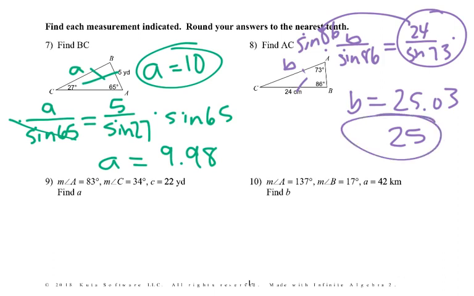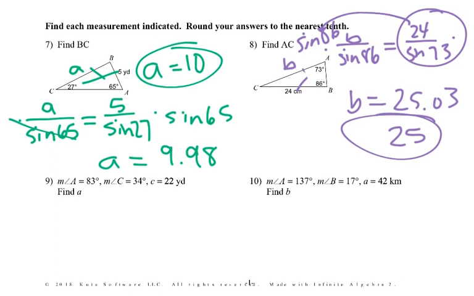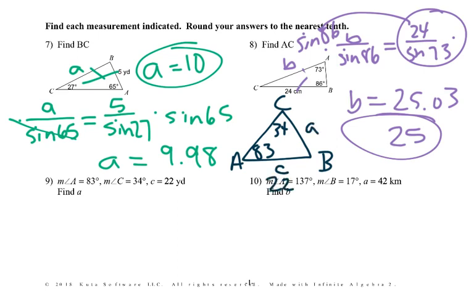Okay, so number 9, now we don't have a picture, but we could very easily just draw a picture, right? A, we call that 83. C, we call that 34. B, this would be little c, which is 22. And little a is what we're looking for. We've got a connection.